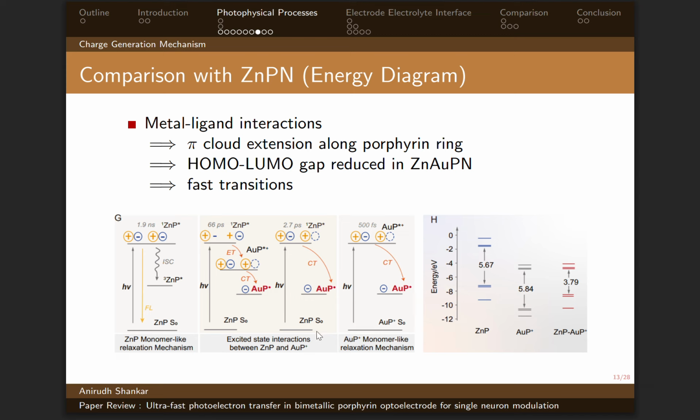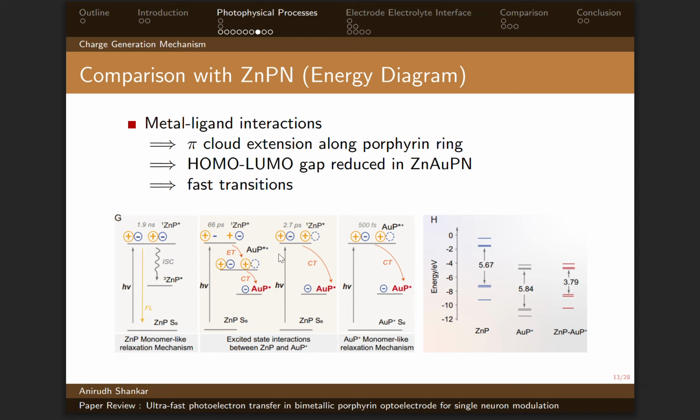This is the mechanism in zinc and gold porphyrin, that is, the substrate we use here. So there is an energy transfer from zinc porphyrin to gold porphyrin plus, after which an electron is transferred from zinc gold porphyrin plus to AuP. That is the second route, as we saw earlier, which takes about 66 picoseconds.